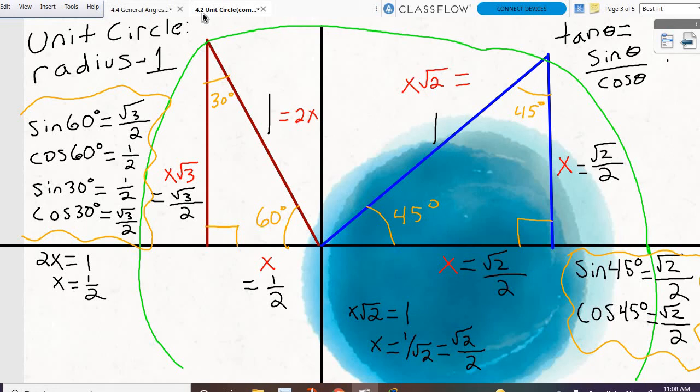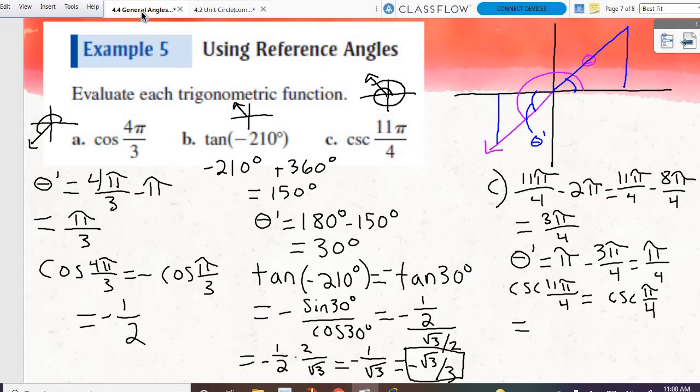Y'all with me? So then what are we going to do with that to find cosecant? Flip it. So 2 over the square root of 2. And then we need to multiply by our square root. So what ends up happening?